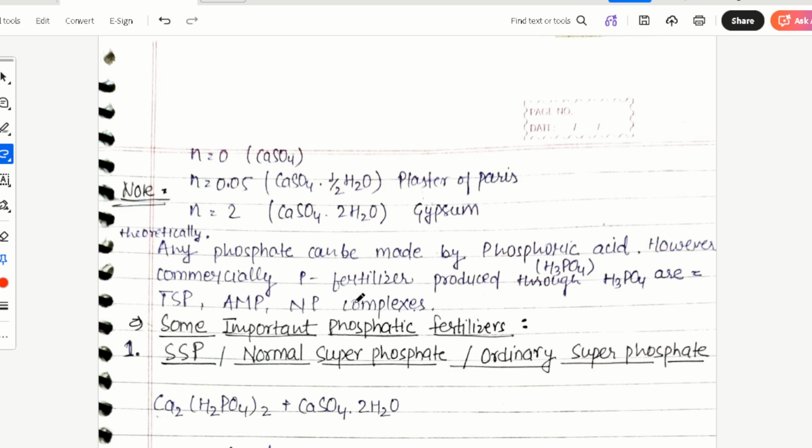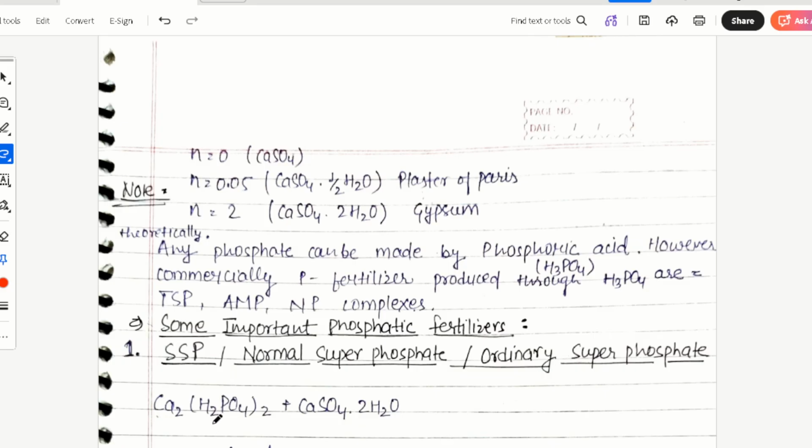However, commonly the P fertilizers produced through H3PO4 are TSP, MAP, and nitrogenous phosphatic complexes. Some important phosphatic fertilizers: the first one is SSP, also known as normal superphosphate or ordinary superphosphate.